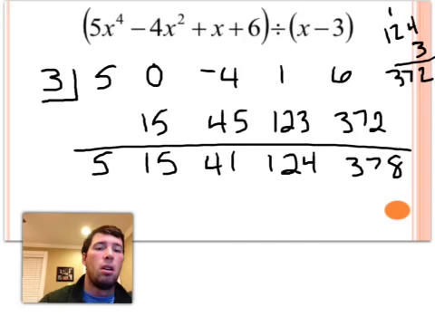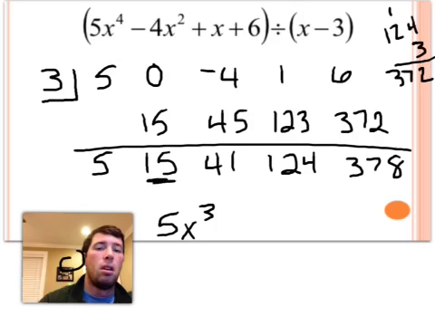So we're going to have 5, let's see, x cubed. So you always knock this down. Alright, we'll keep going. 5x cubed, you always knock the first exponent down 1. So 5x to the third power now.